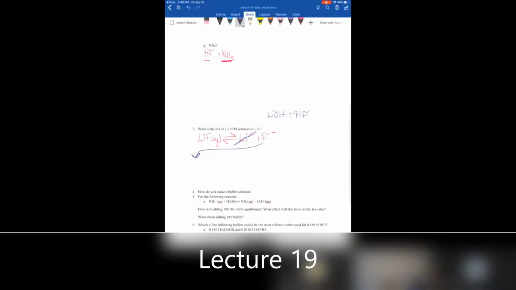Okay, so how is LiOH a strong base? Okay, so you can pretty much ignore the lithium ion. Is HF a strong acid? No. Okay, so you're going to carry this over here, and it's going to have another reaction.